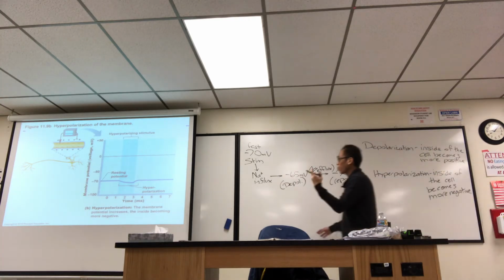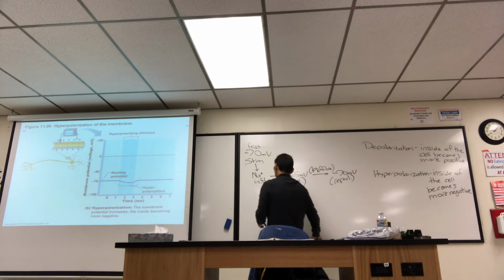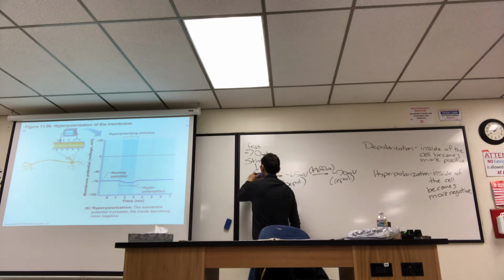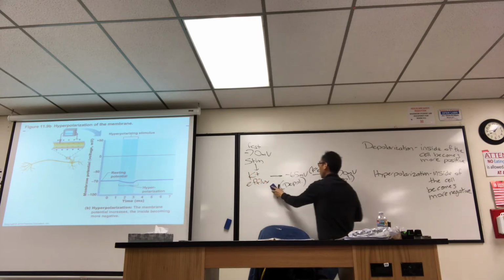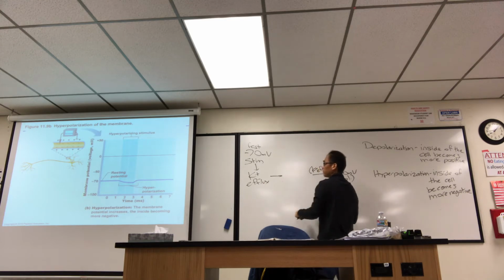If we're at rest, negative 70, and the stimulus actually opens channels that allow not sodium influx, but potassium efflux, potassium leaving, that takes us to a more negative number. I'll call it negative 75. I call that the hyperpolarization.